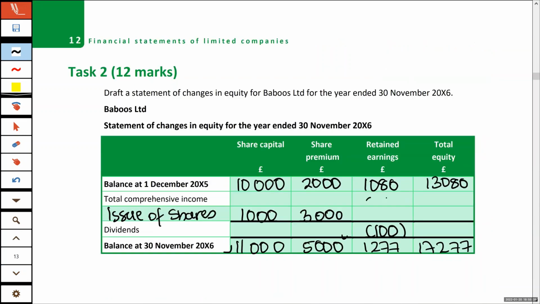That should increase my retained earnings. Not forgetting to do the totals. 297, 4,000 minus 100. And that brings us to the end of a massive 40-mark task. Task 1 and Task 2.